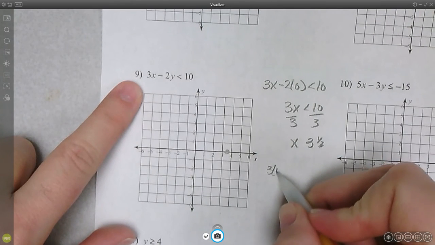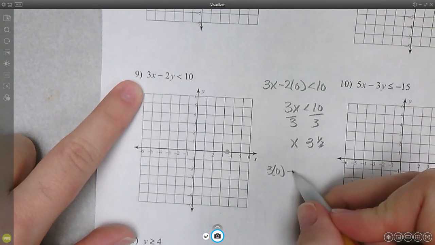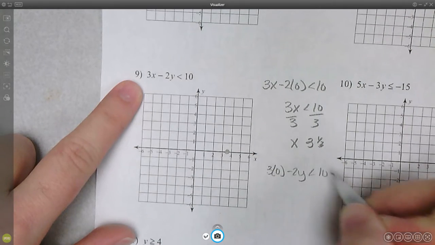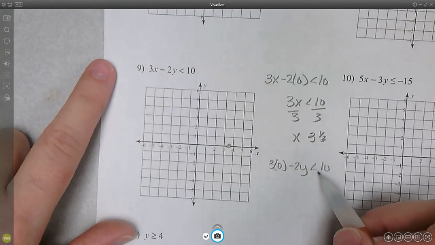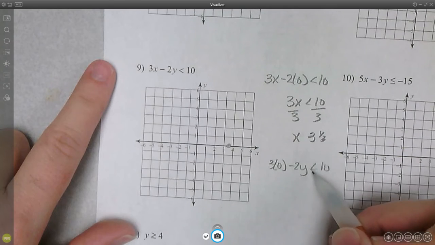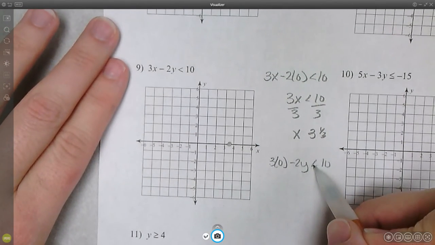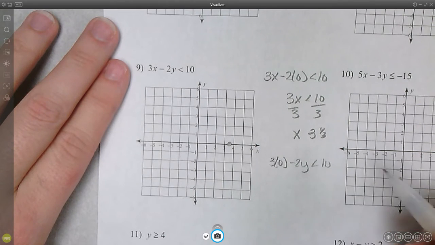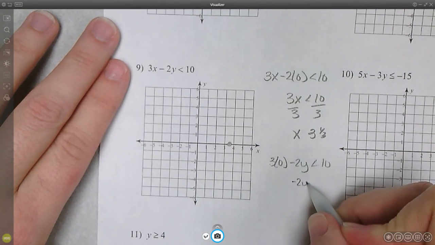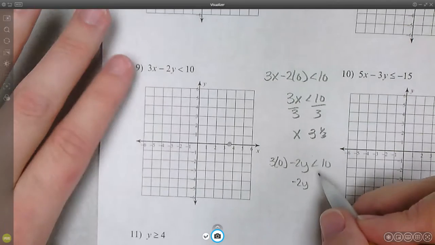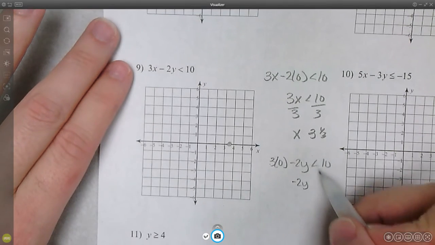So you have 3 times 0 minus 2y. Actually, when you're finding your x-intercepts, you really don't even have to pay attention to this less than sign. If you want, just pretend it's an equal sign for now, because you're not actually doing any shading with this sign right now.